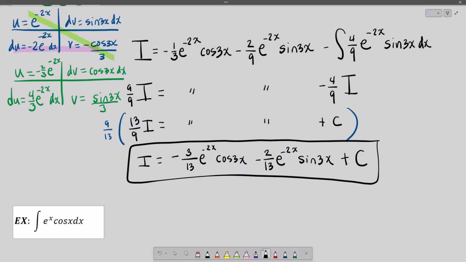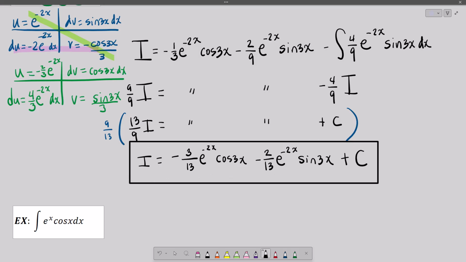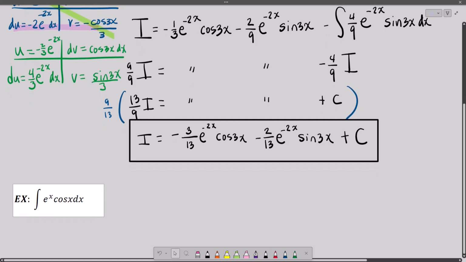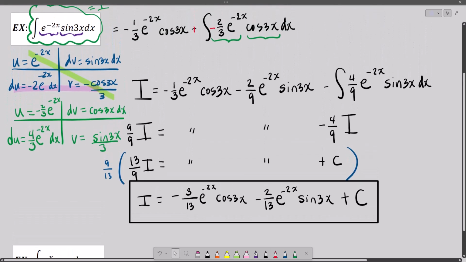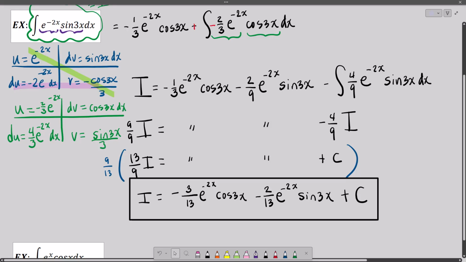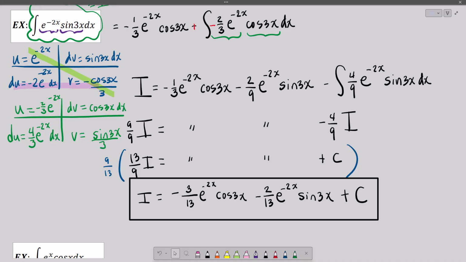So that is integration by parts with a twist. We're taking this integral and twisting it over to that side and combining it. We integrate twice, we end up with a like integral, and we move it to the other side, and then divide by the coefficient, or multiply by the reciprocal of the coefficient.